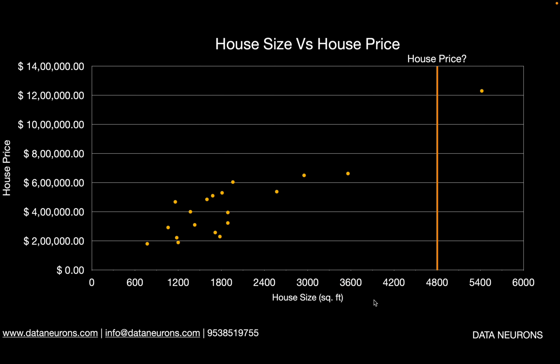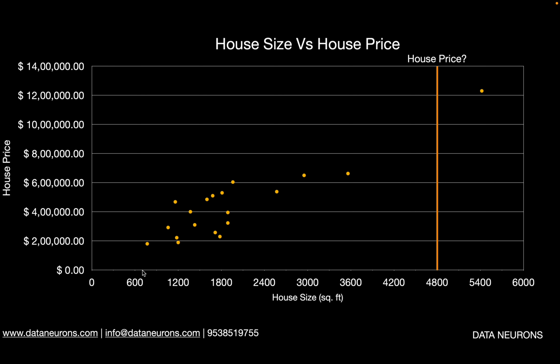So I have visualized the data. This is a two-dimensional scatter plot where on the x-axis we have house sizes and on the y-axis we have house prices in dollars. As per our objective, we want to predict the house price for a house of size 4,800 square feet, a value which we don't have in the given data set.